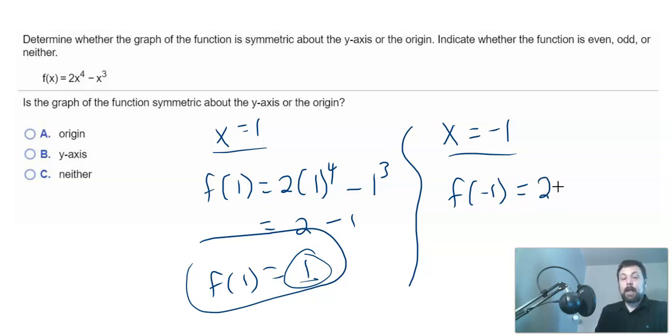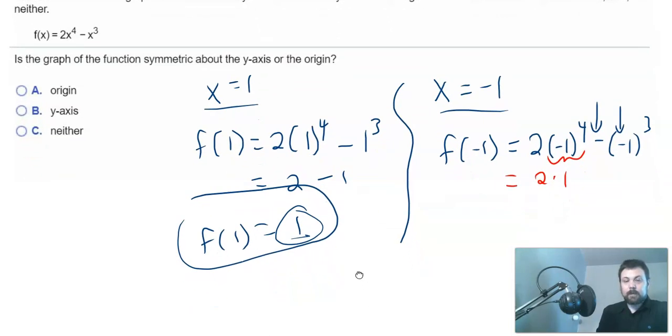All right, so I'm going to plug in -1 for x. Now be careful, this gets really tricky right here. Plugging in -1 for x, because we have a minus sign in the equation, be careful about those negative signs. So we're going to get -1 to the 4th power, which is +1.